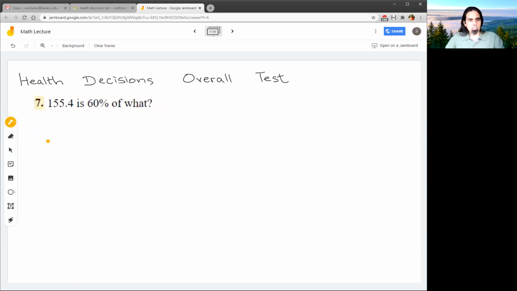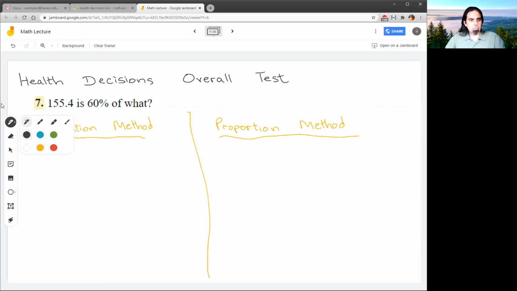Let's do it as the translation method on one side of the screen, and we'll do it as the proportion method on the other side of the screen. So the translate method, I'm going to rewrite it just to be a little clearer so your eyes don't have to jump over my yellow writing.